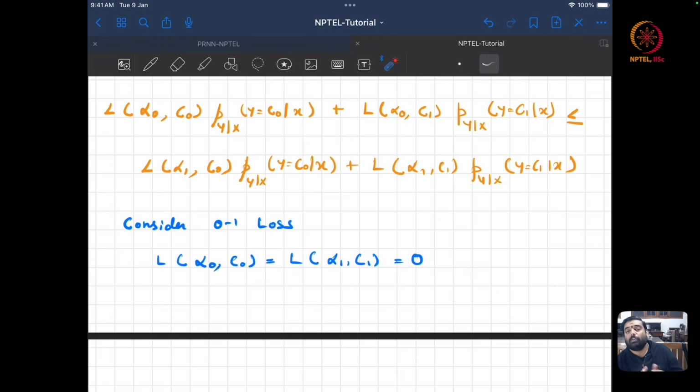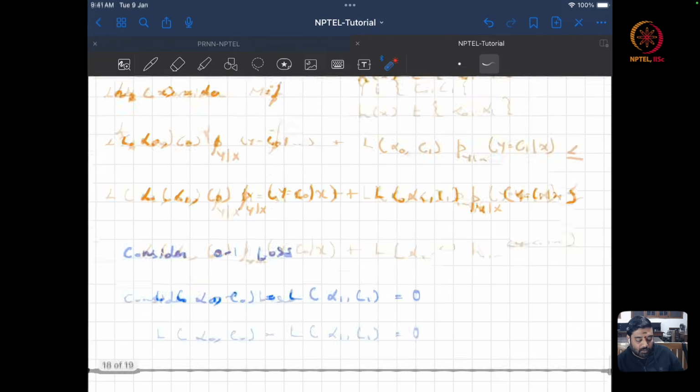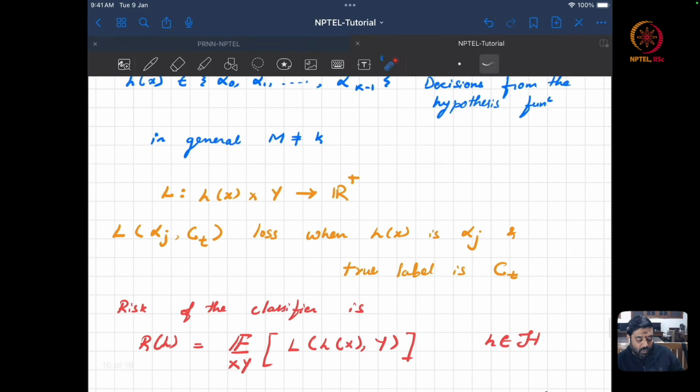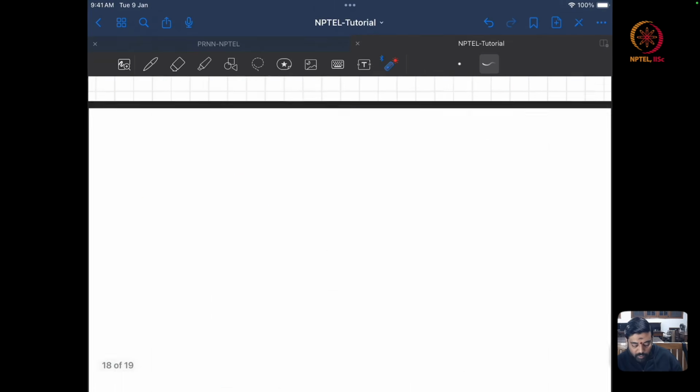By now I assume that all of you are comfortable with the notations, so I can just say that the first value in this loss, as I have defined earlier, is the outcome of your hypothesis function. This is your true label. In most cases it is y cross y. That's what we have also looked into, but this is a much more generic way of looking at things. Okay, fine.